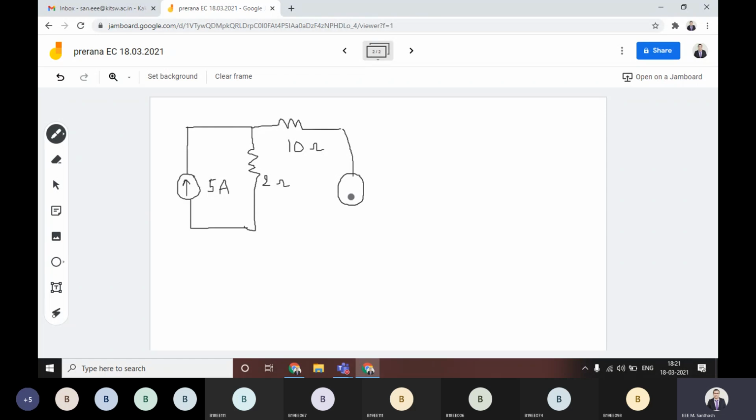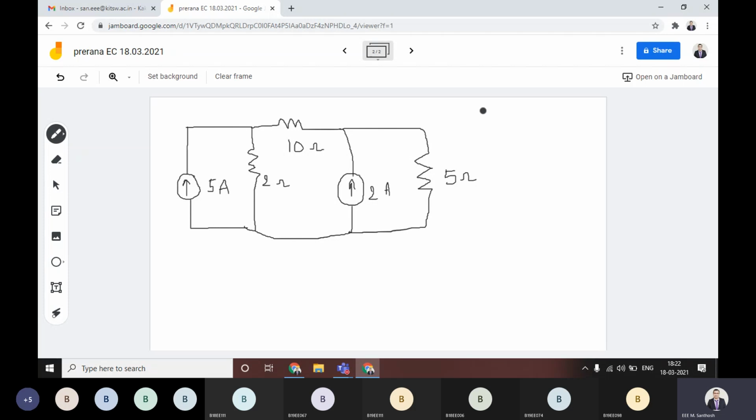There is another current source which is equal to 2 amperes, and there is another resistor which is of value 5 ohm.